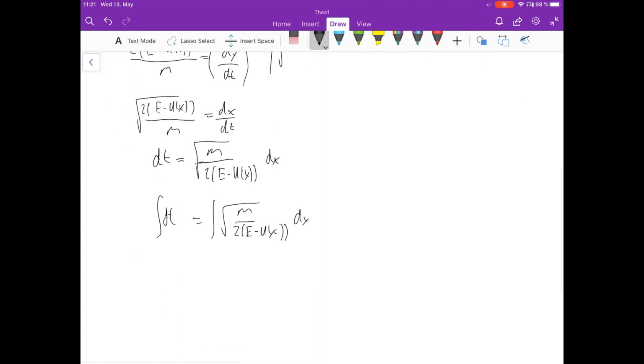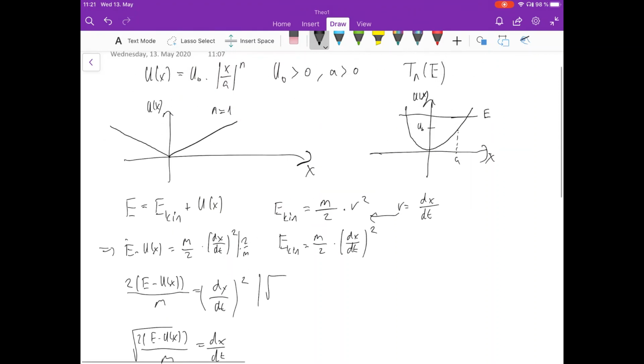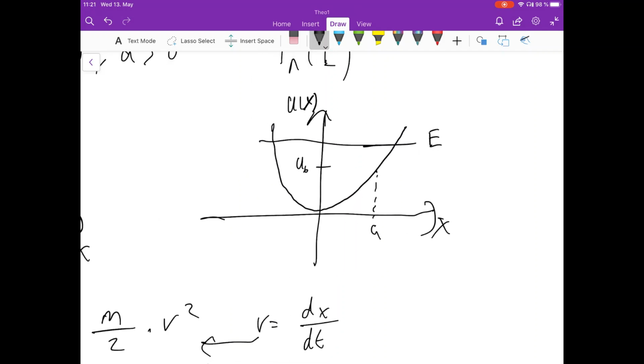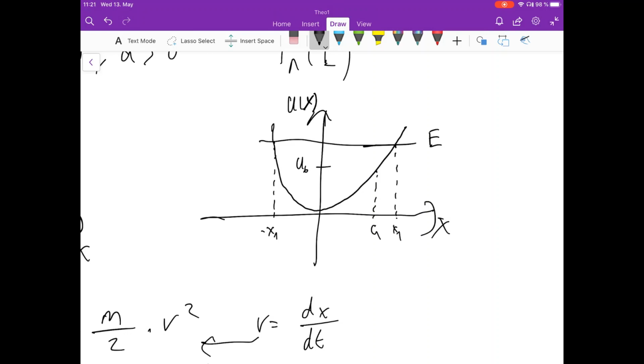So let's start, be smart at this point, and write down our intervals so that we can calculate our period. Let's go back here. Our period is going to be, if I start from here, a given point minus x1, and because of symmetry, this point is also going to be x1. No, the negatives, yeah.